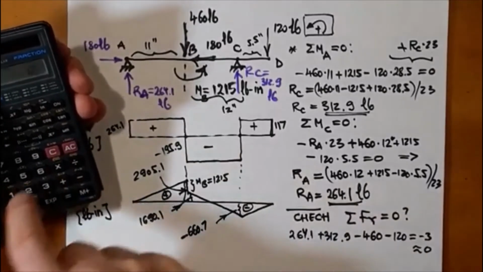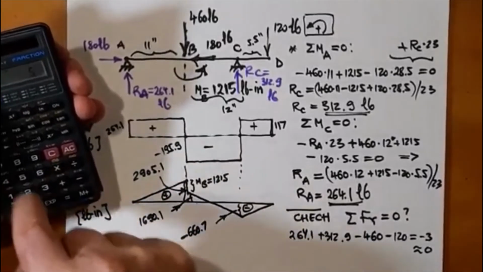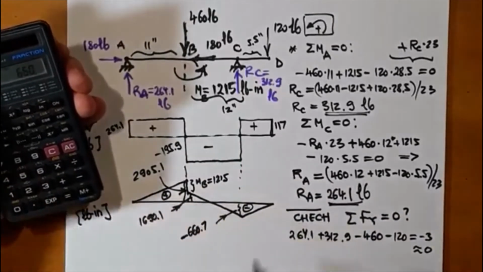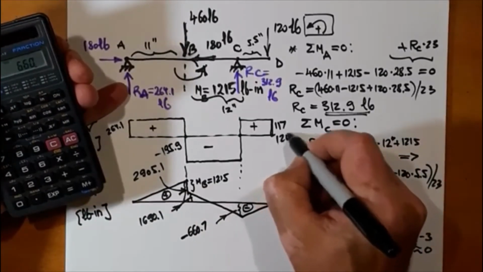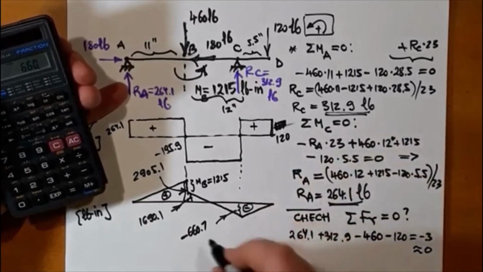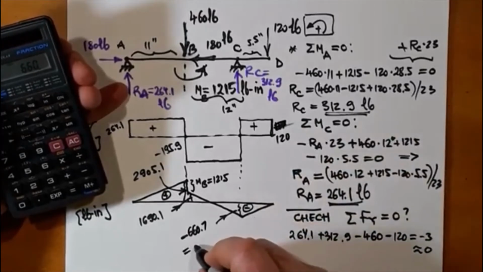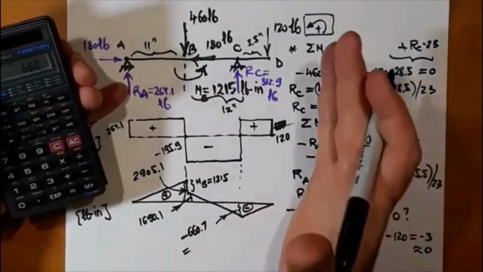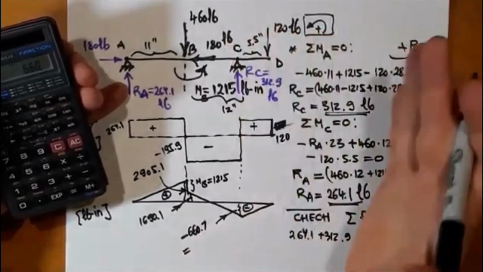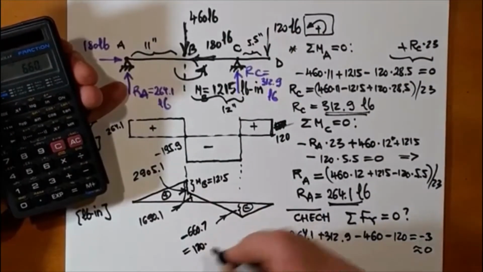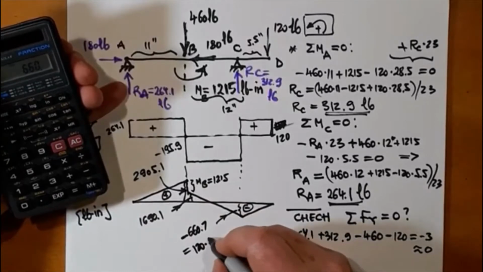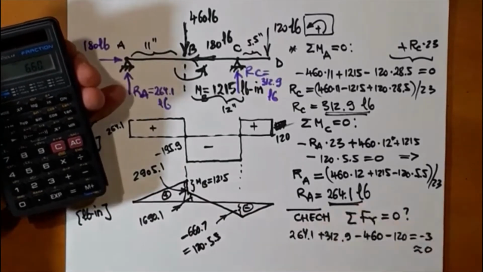If instead I take 120 times 5.5, I get 660. So, all right, this is also equal to, again, applying the area method from right to left. This is 120 times 5.5. Okay.